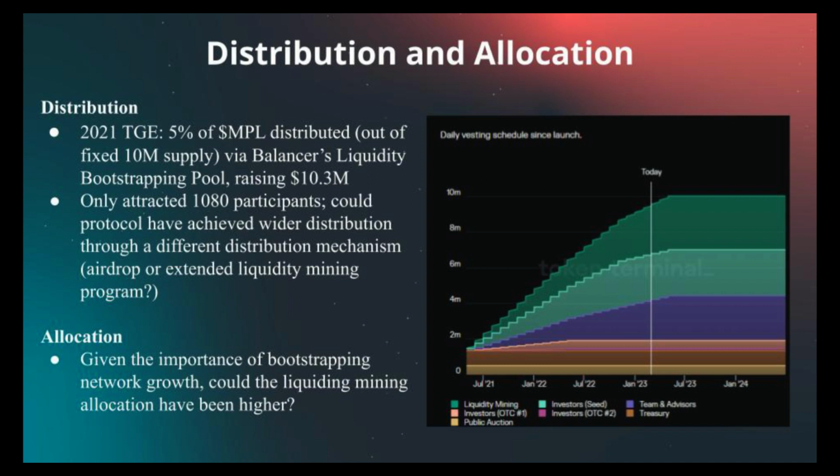Maybe they could have thought about an airdrop or just an extended liquidity mining program, right? And I think that's a really powerful aspect of token incentives. I don't know who here is involved in the NFT space, but you can see how powerful this can be with airdrops or vested airdrops.